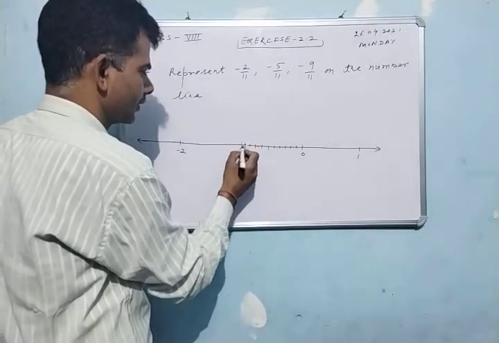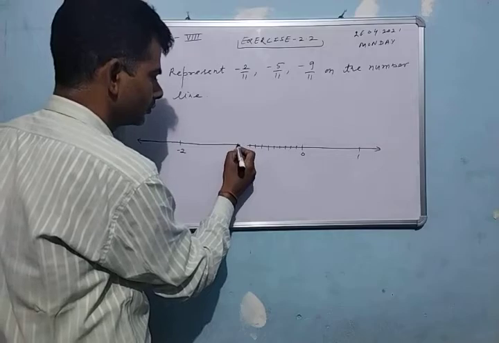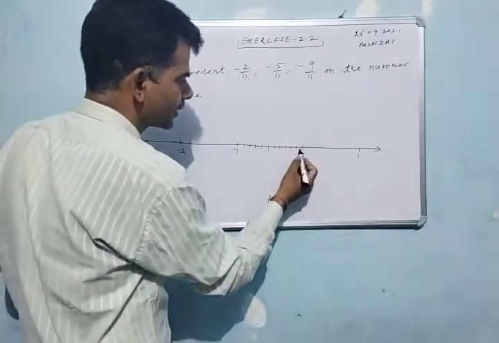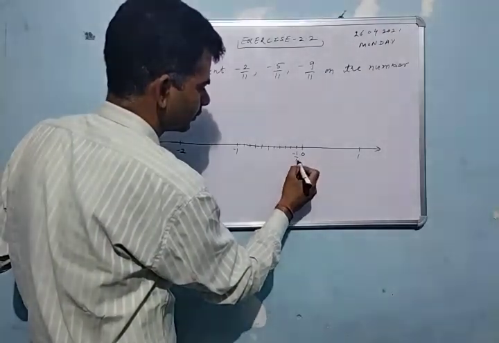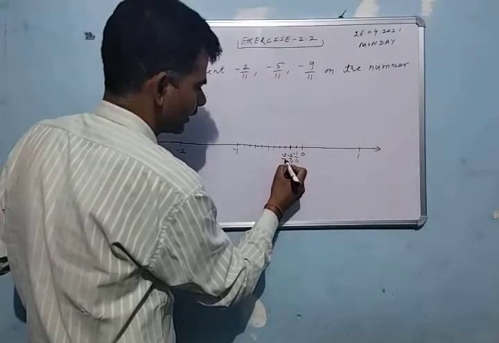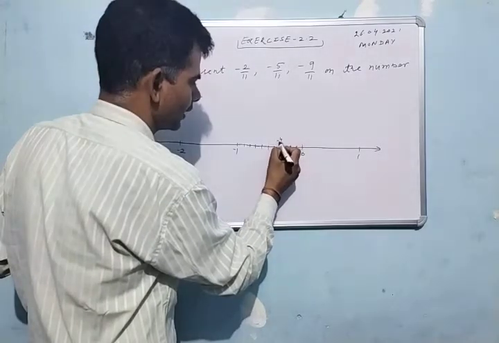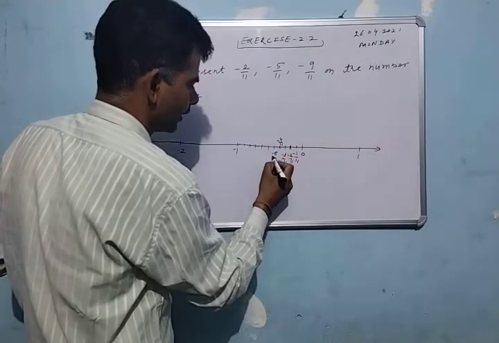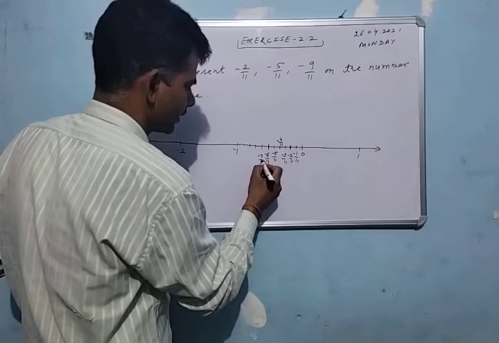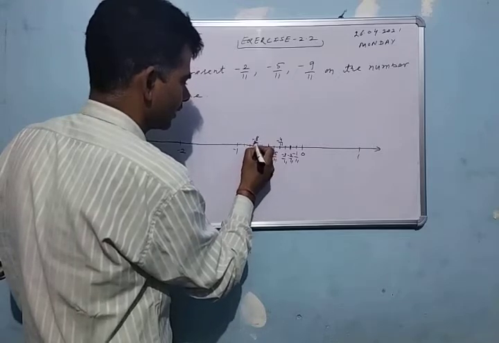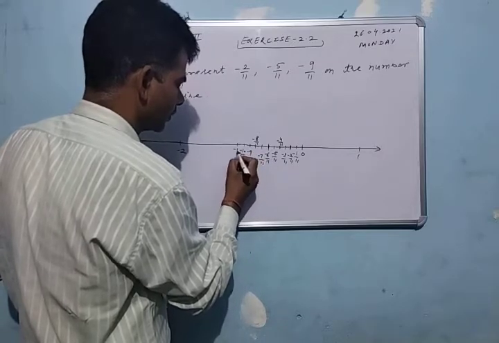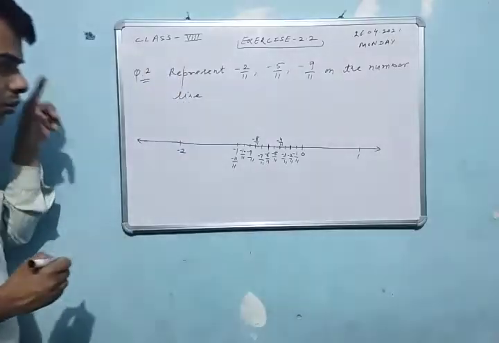That is minus 1. Students, that is minus 1 by 11, minus 2 by 11, minus 3 by 11, minus 4 by 11, minus 5 by 11, minus 6 by 11, minus 7 by 11, minus 8 by 11, minus 9 by 11, minus 10 by 11, or minus 11 by 11, that is equal to minus 1.